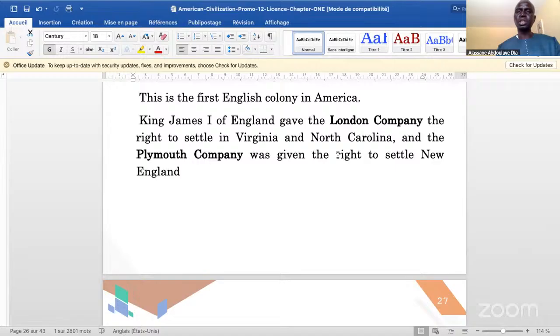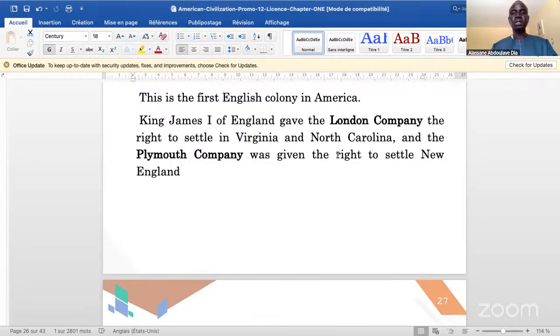When King James I came, he collaborated with private companies like the London Company and the Plymouth Company. These companies are colonizing companies. So he collaborated with them. He gave them the authorization to go to the American continent and occupy some land and colonize and settle there and create colonies. When they create colonies, these colonies will belong to the British colonies.